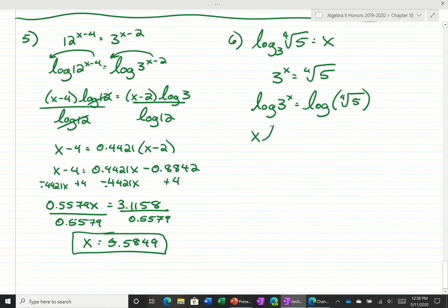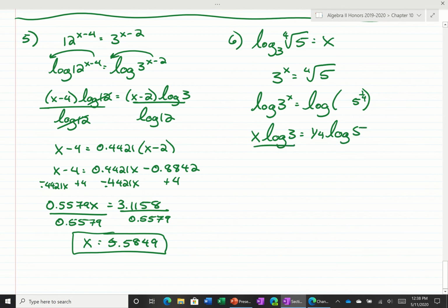Now we could bring the x down. And remember, 4th root is really just the 1/4 power. You could bring that down if you want. I mean, you could just take the log of the 4th root of 5 if you want. It doesn't matter how you do this. You could just literally type that into your calculator.